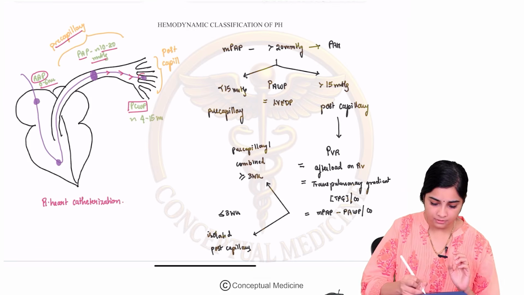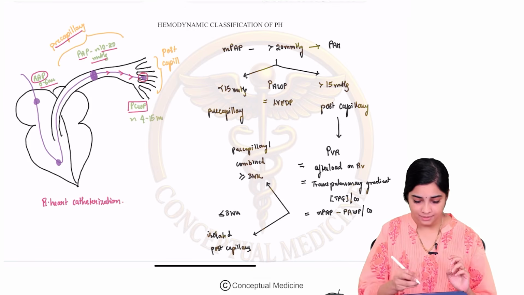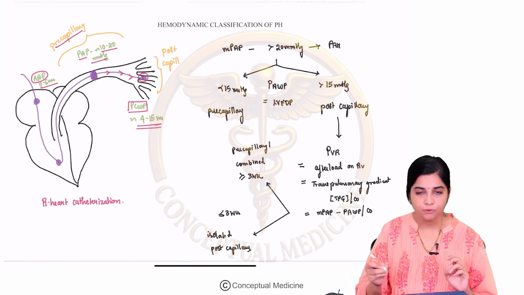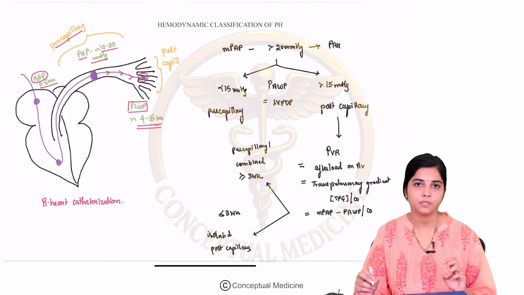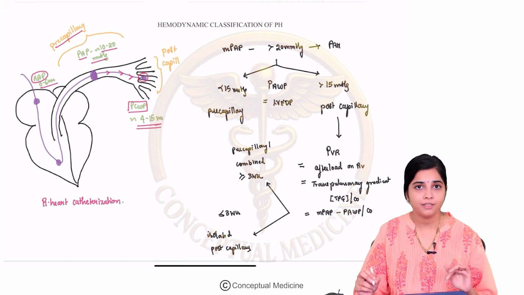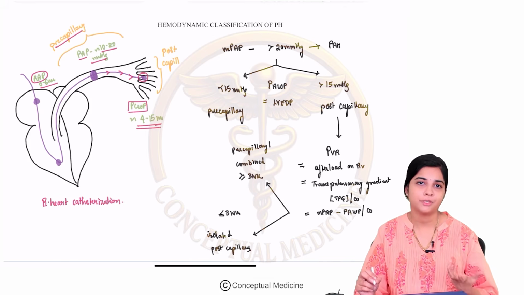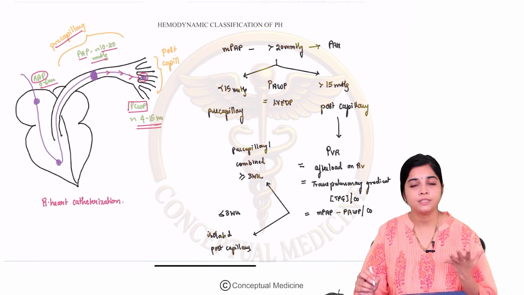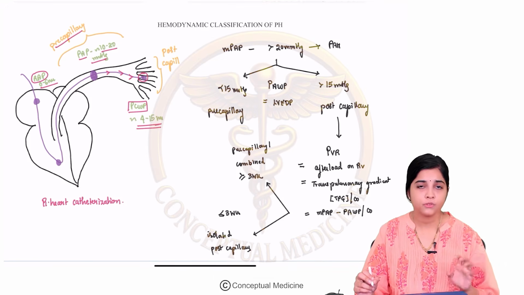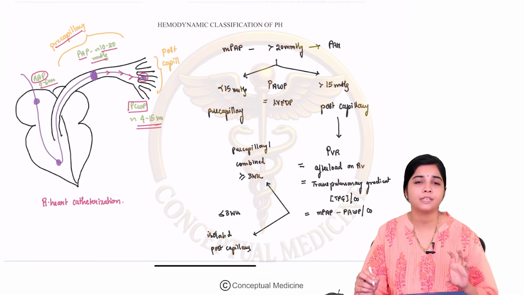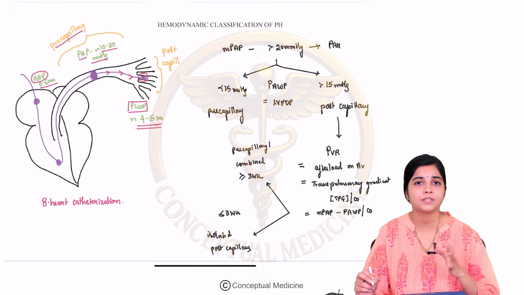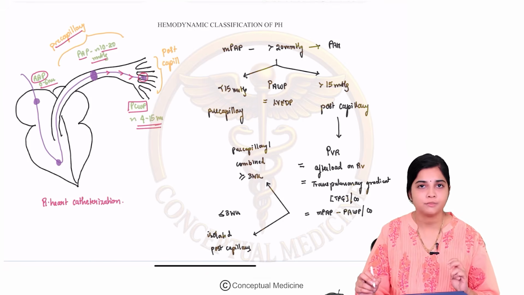This is about 4 to 15 millimeters of mercury. So what are we looking at? We are looking at how you measure the pulmonary artery pressures using right heart catheterization. You measure the right atrial pressure, right ventricular pressures, pulmonary arterial pressures and pulmonary capillary wedge pressure.